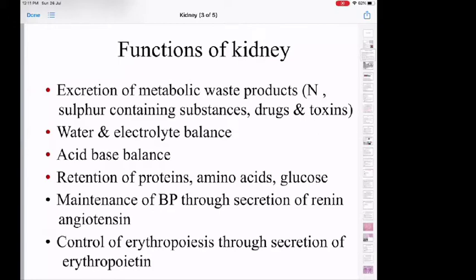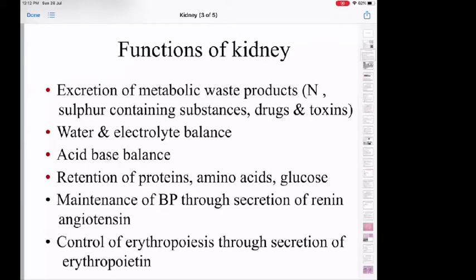One other function of kidney is control of erythropoiesis. What is erythropoiesis? Erythropoiesis is the formation of RBCs through secretion of erythropoietin. So this is also an important one.